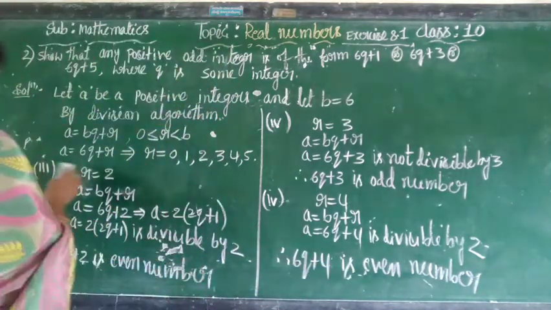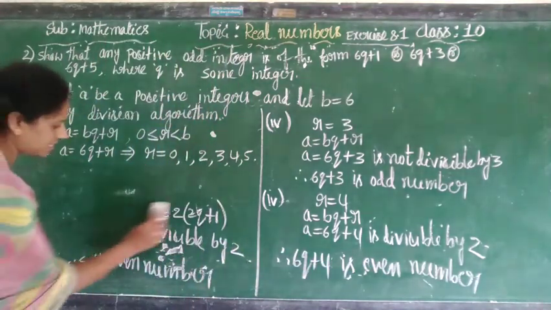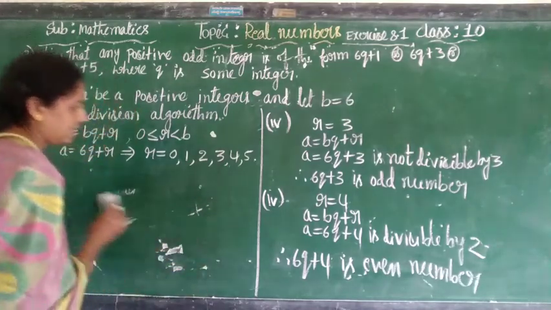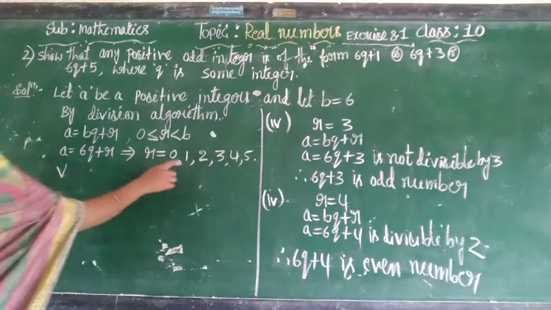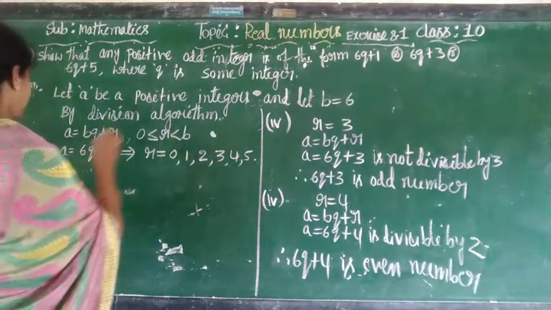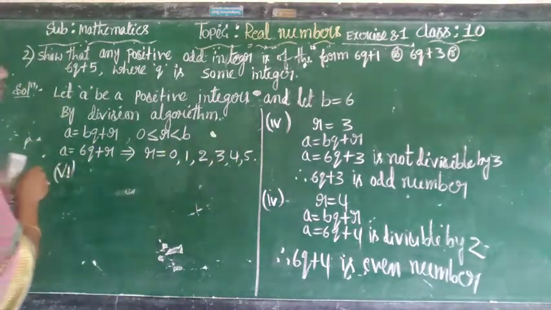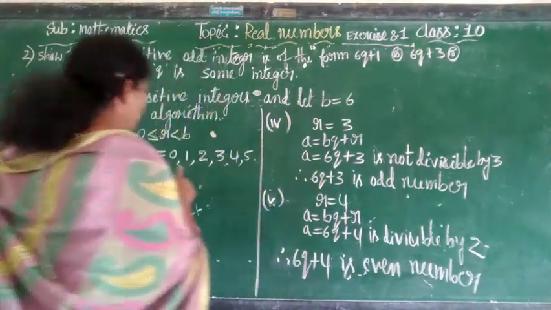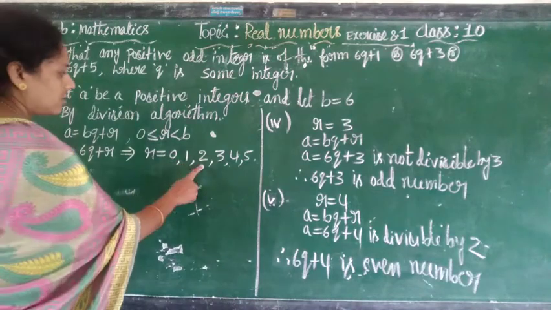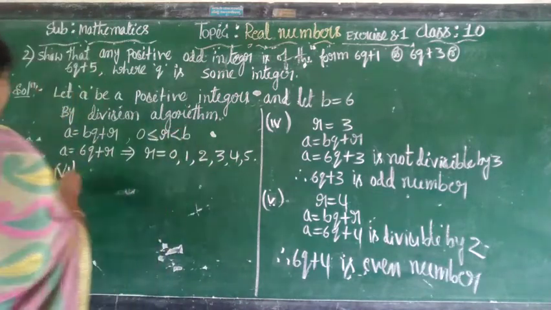So, dear students, the last condition is what? The remainders are 0, 1, 2, 3, 4, 5, so the last one is the sixth.